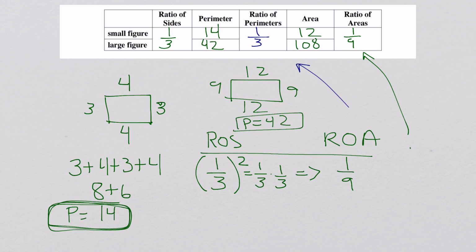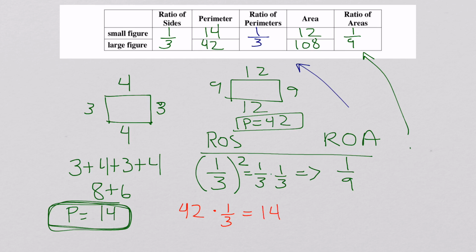If we were to compare them, they should be 1/3 of each other. So, let's say I took my 42 and I multiplied it by 1/3. I should get 14. If I divide that, 42 divided by 3, I get 14.